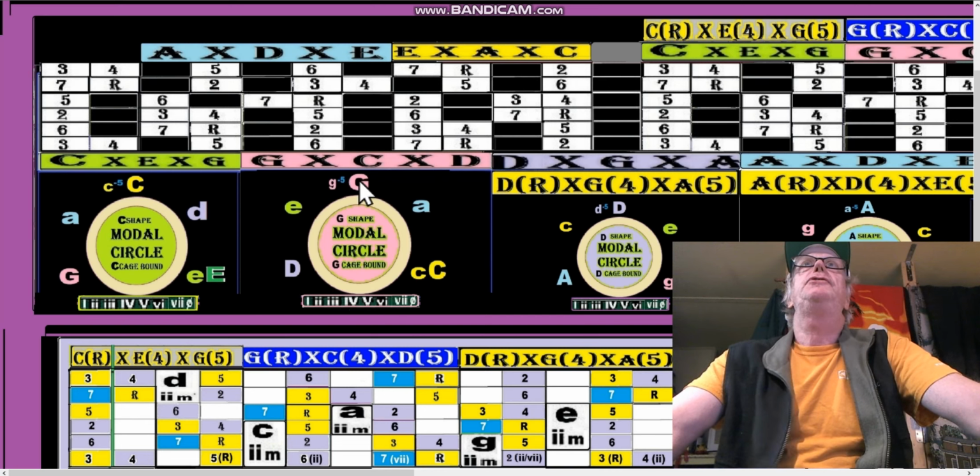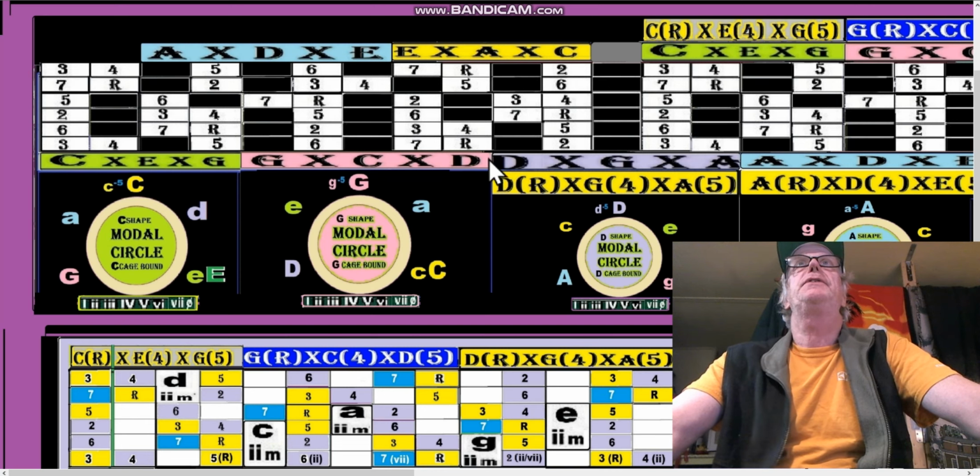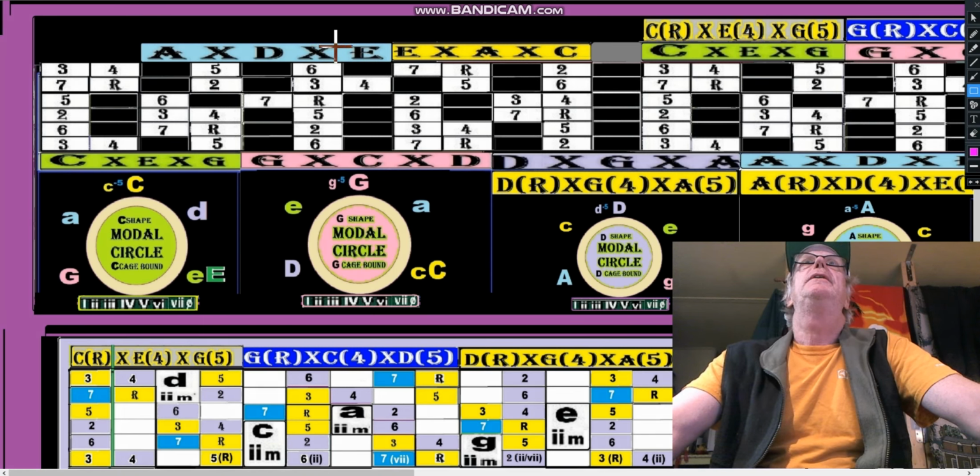So we've got a G-shaped G, root 3, 5, right there. We've got an A minor shaped D minor. So everybody knows how to play the A minor, right? It's up here. It's that A minor shape. Pretending like the fret nut is here.